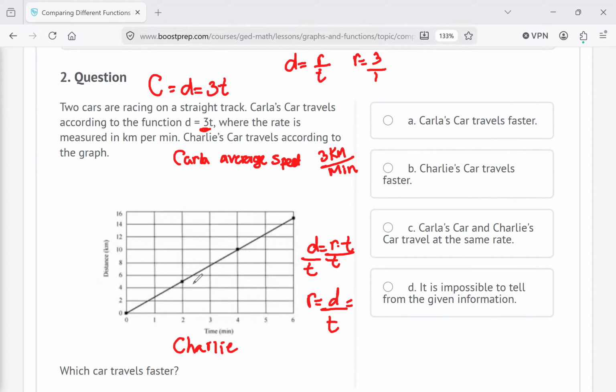Distance is on the y and time is on the x. Using this point, distance is going to be 15 and my time is going to be 6.